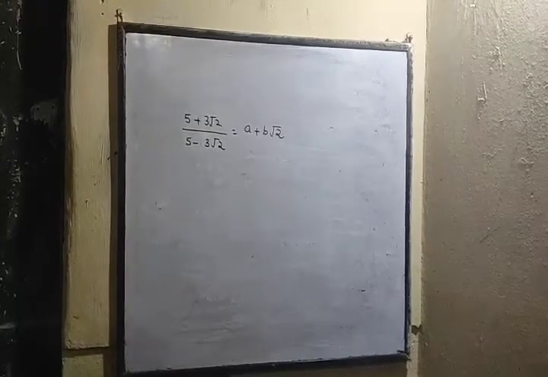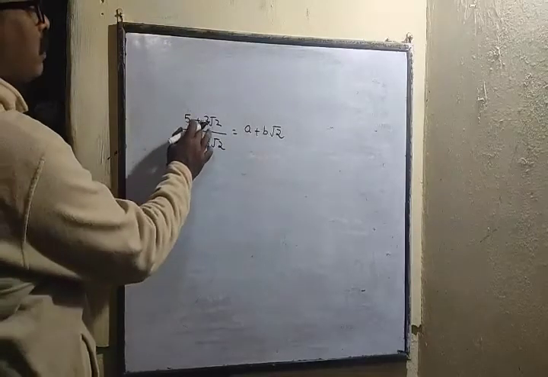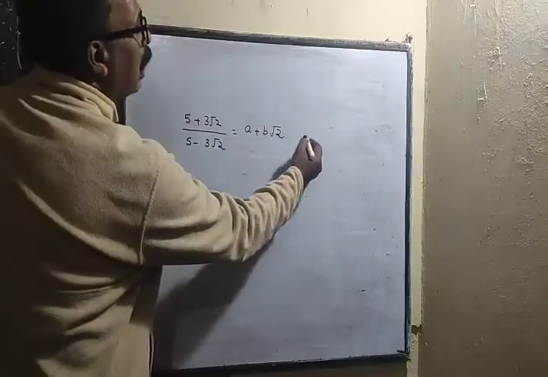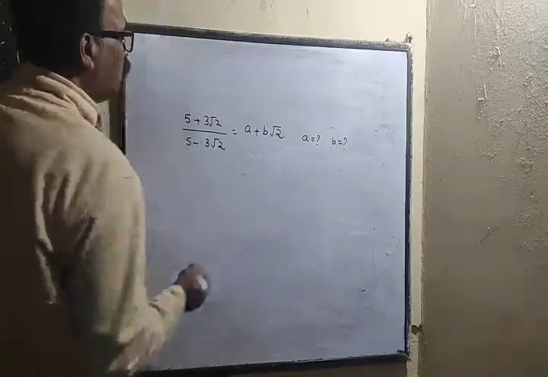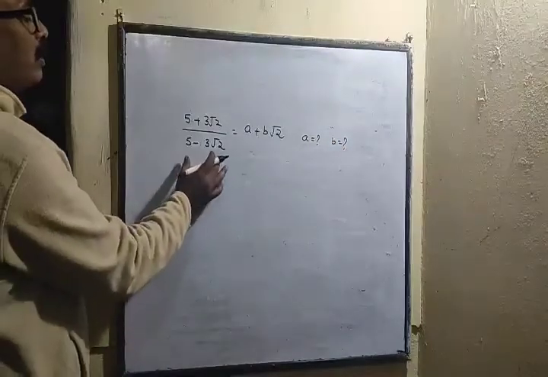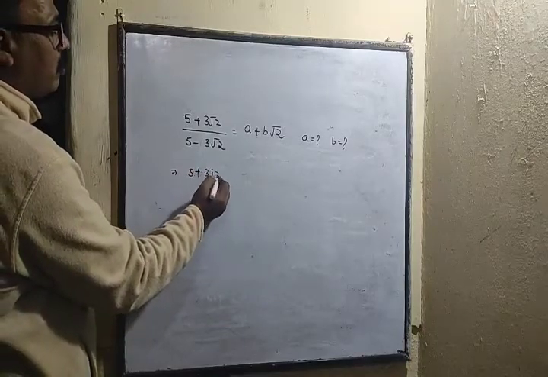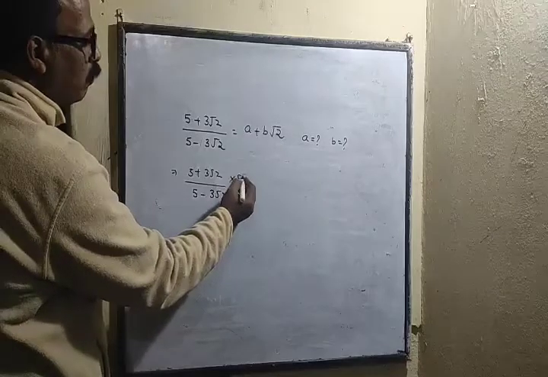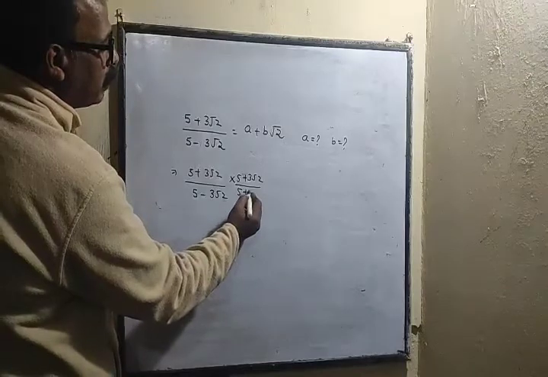So next type of sum we are going to see where the left hand side and right hand side are compared. 5 plus 3 root 2 by 5 minus 3 root 2 is equal to a plus b root 2, and you have to find out a is equal to how much and b is equal to how much. So we'll rationalize the denominator on the left hand side. So 5 plus 3 root 2 by 5 minus 3 root 2, you will multiply by 5 plus 3 root 2, just the opposite, over 5 plus 3 root 2.